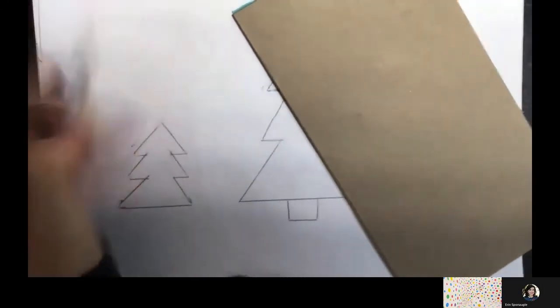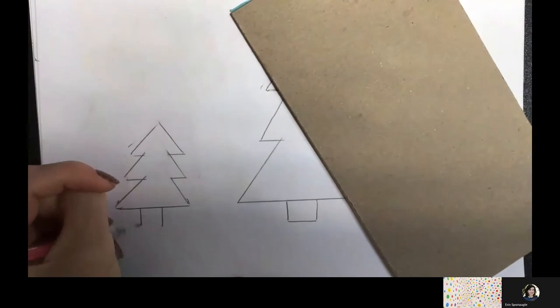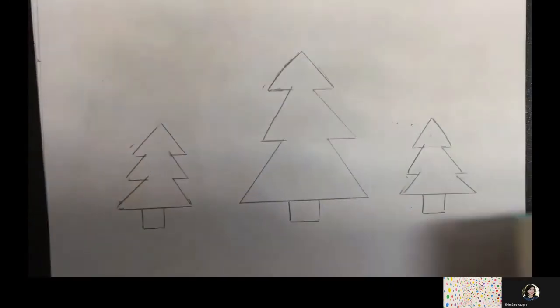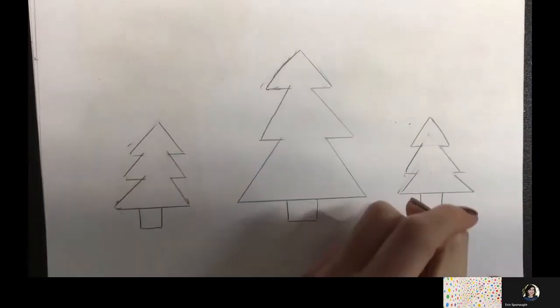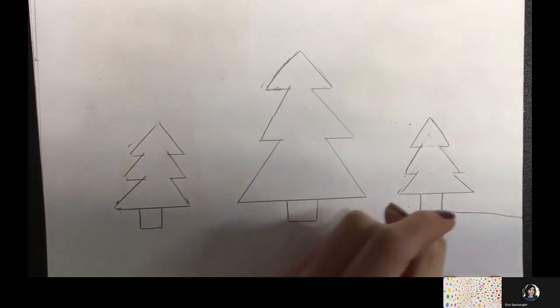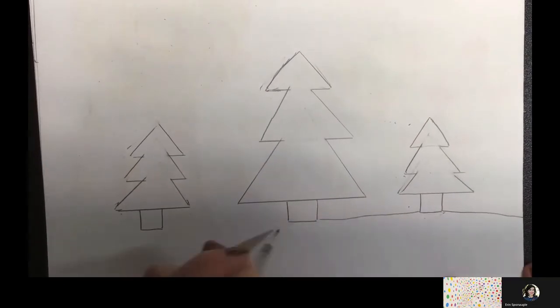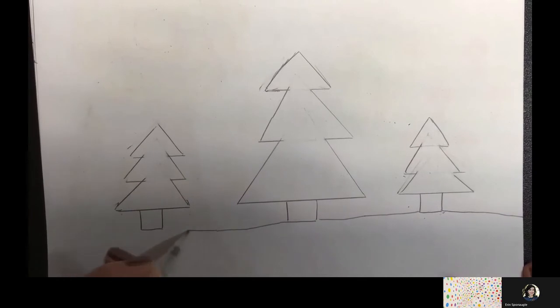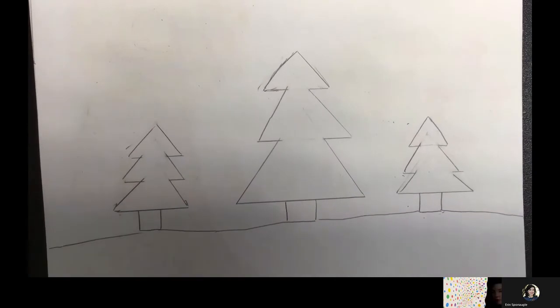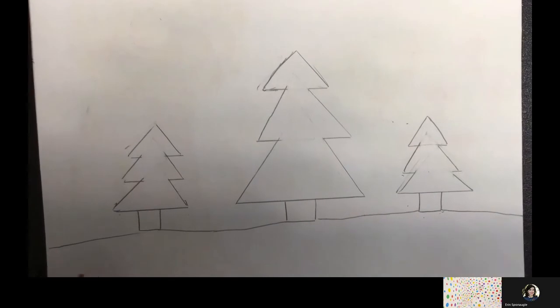So you can put in a horizon, and I will do that here. I'm just going to draw a line. It's going to be a little wavy that connects my trees to the ground. Okay, so there we go.